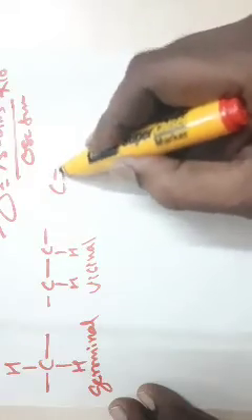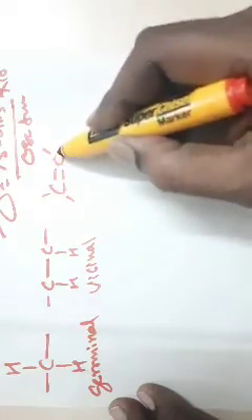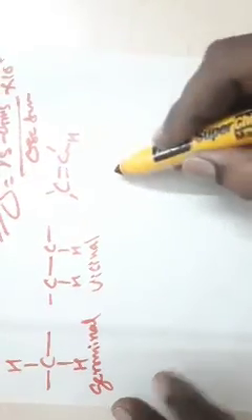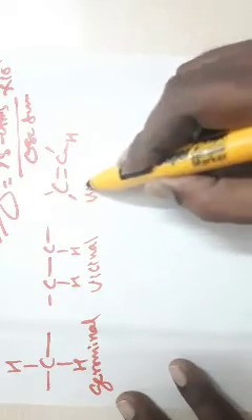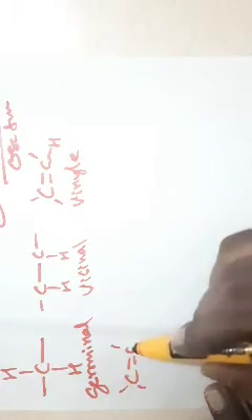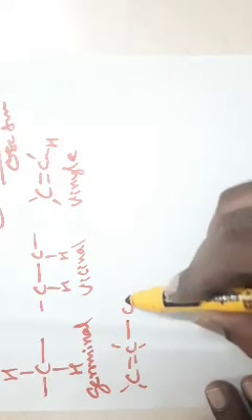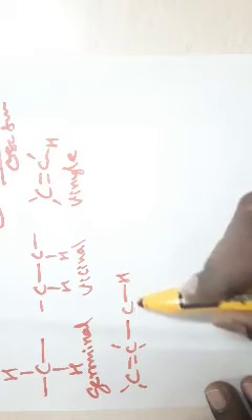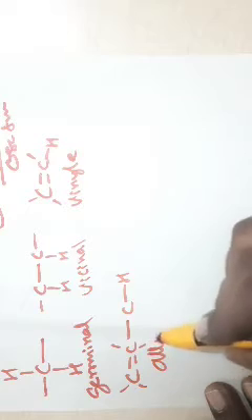Suppose you have a carbon-carbon double bond like this. If you have a proton here, then this is your vinyl proton. And you have a group like this, this is your allylic position. If you have a proton in this place, this is your allyl proton, or allylic position.